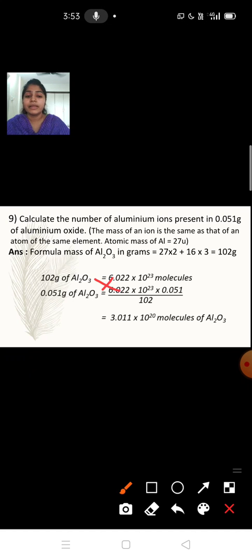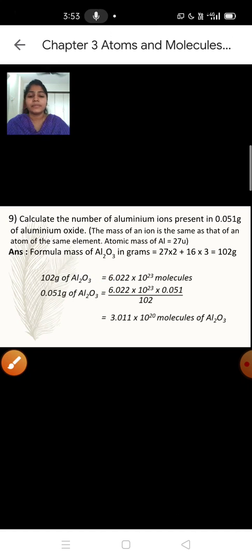When we cross multiply, it will be 6.022 into 10 raised to 23 into 0.051 divided by 102. Okay, so when we do the calculation, we get the answer as 3.011 into 10 raised to 20 molecules of aluminium oxide. Okay, so in 0.051 gram, these many molecules are present.